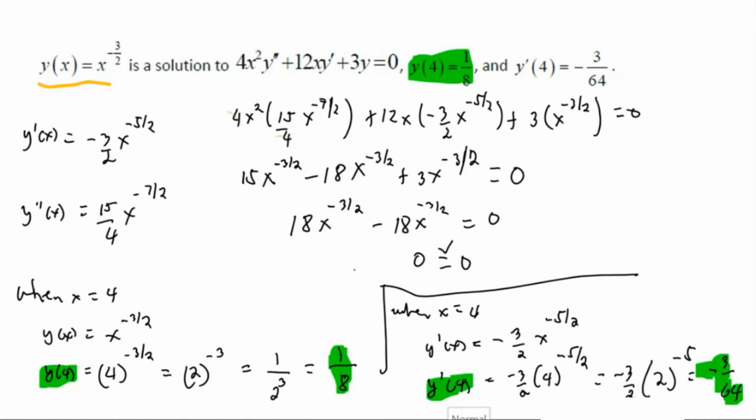So since we have satisfied the differential equation as well as the initial value conditions, we could say that the equation y of x is equal to x to the power of negative 3 over 2 is a solution to the given function.